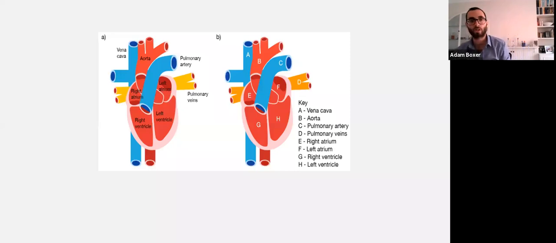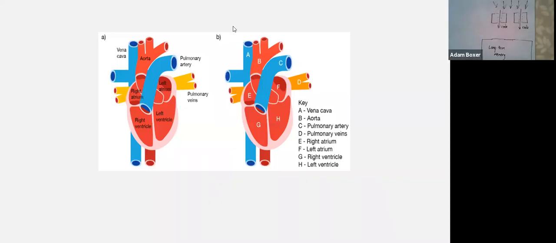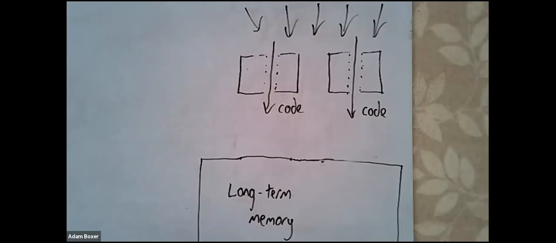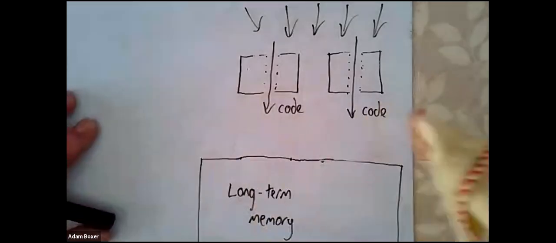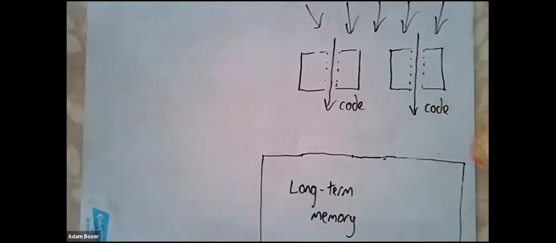I'll hop back onto my visualizer. Stop share. There we go, to try and explain what the split attention effect is. This is sometimes called the spatial contiguity effect, but we'll just stick with split attention because that's a little bit easier. So let's say I'm looking at it from above.